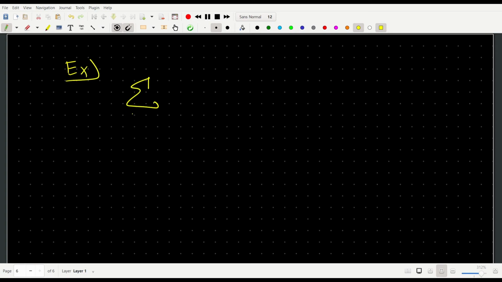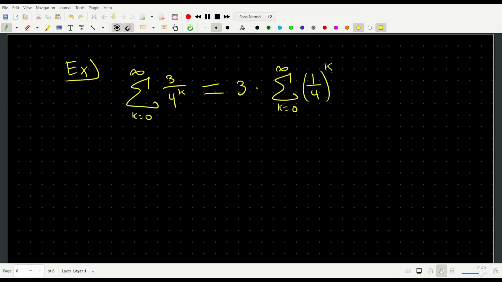So if we take the sum from k equals 0 to infinity of 3 over 4 to the k, this is going to be the same thing, if it converges, as 3 times the sum from k equals 0 to infinity of 1 over 4 to the power k, which is a geometric series with r equal to 1/4.